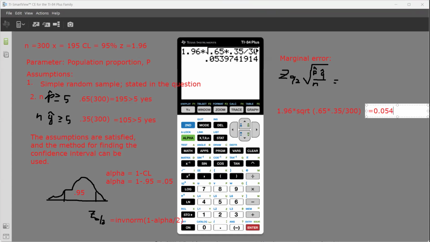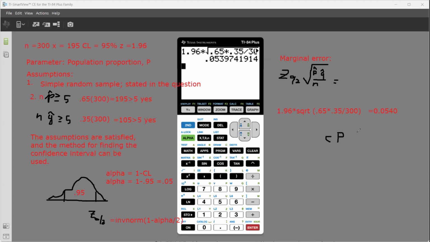So that 39 is going to go to 40. This is going to be my margin of error to 4 places. Okay. Now, that's my margin of error. That's not my confidence interval. Remember, my confidence interval is, there's a P, right?